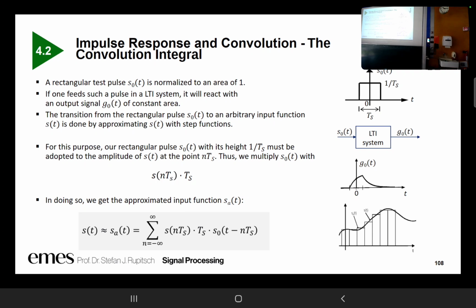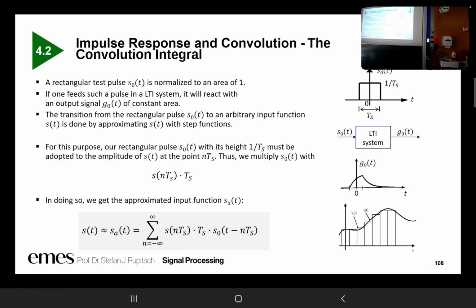Okay? Fine. And how can we now obtain the output of our LTI system? Pretty simple. We know the output for S0, which is G0, and the other things only have to be scaled.